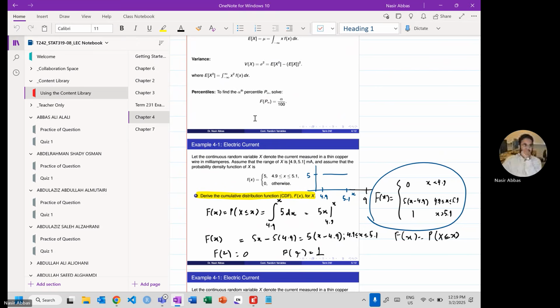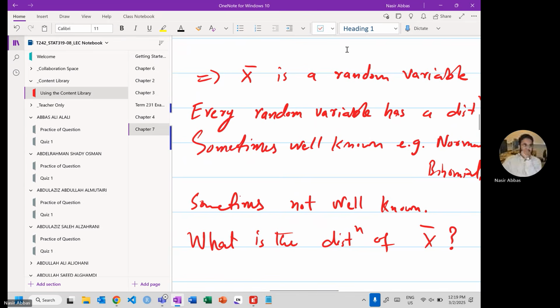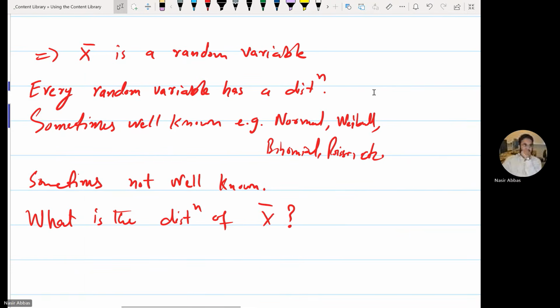This one, you did not give it any name. Not well known, general case. So the question now is, what will be the distribution of X bar?